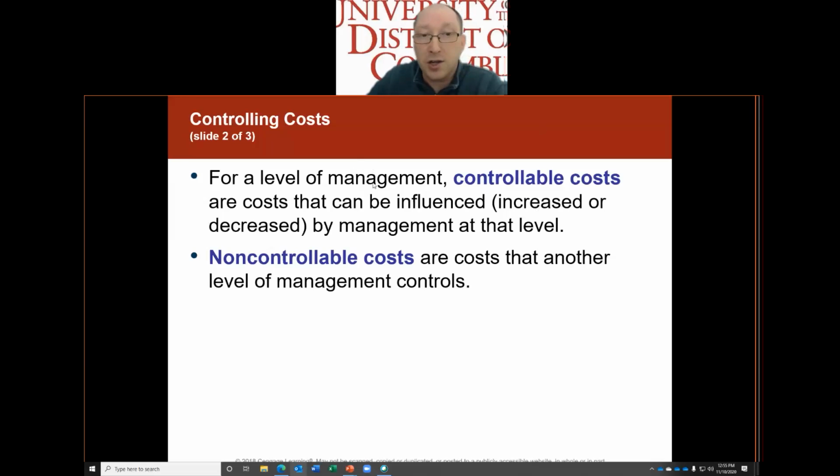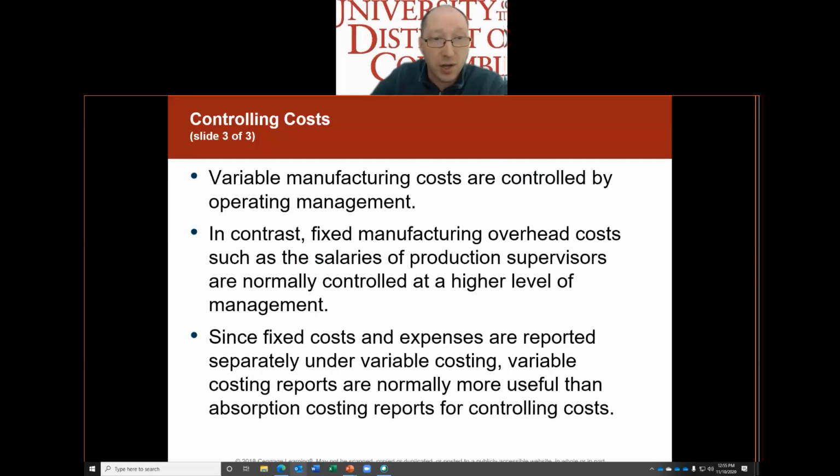Controllable costs are costs that can be controlled by management at certain levels. We cannot control certain costs. We call these non-controllable costs. These would be things that are well outside of management's realm. It would be things like insurance premiums. I can't control that the insurance keeps going up, okay? I can't control certain other factors. I can't control environmental factors.